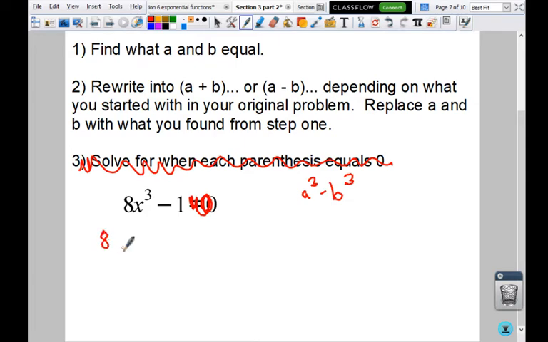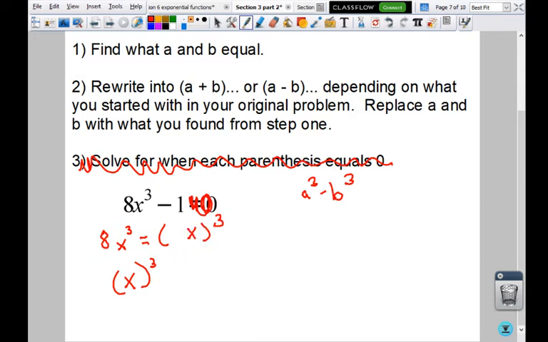So I need to change this 8x to the third to be something in parentheses to the power of 3. And it works basically the same as yesterday. So, x to the third, I can just write as x, right? And then have a 3 on the outside of parentheses. That'll work. So I know I've got an x, and then I've got the third in there.